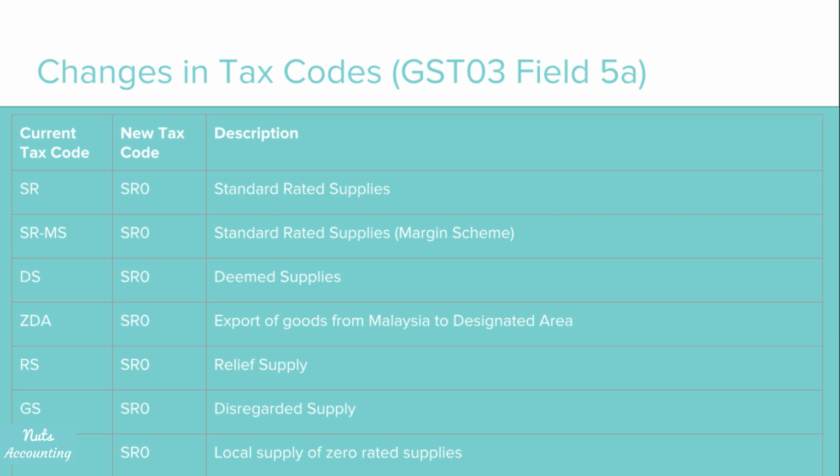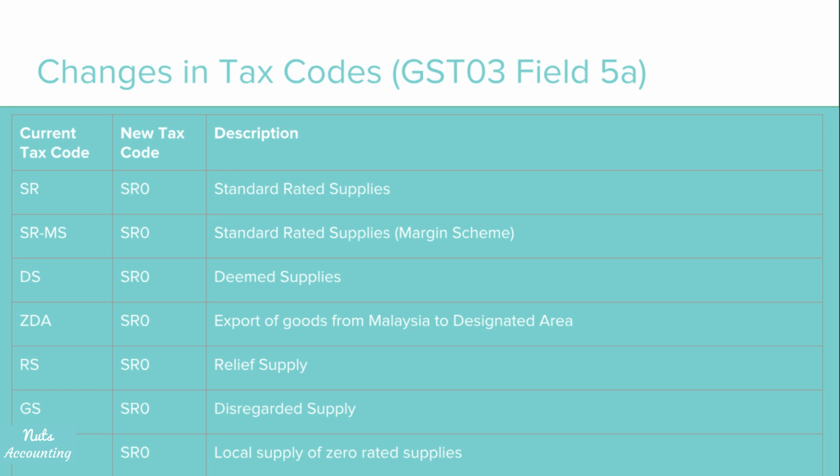Just a quick note, SR0 is just a suggested tax code from Customs. Certain systems cannot accommodate more than 2 characters, so in that situation you may change your code to probably S0 or something like that, as long as you are able to differentiate SR and SR0 as different codes.